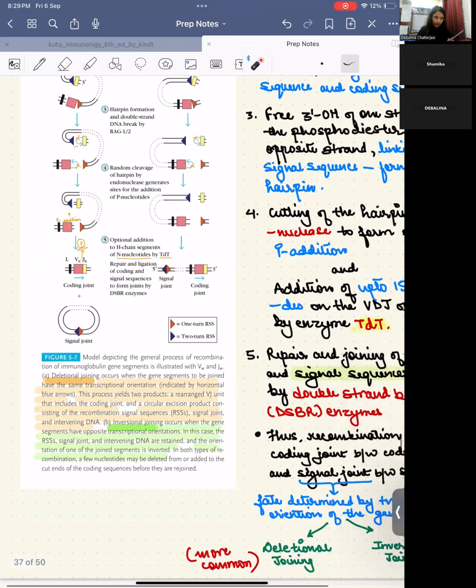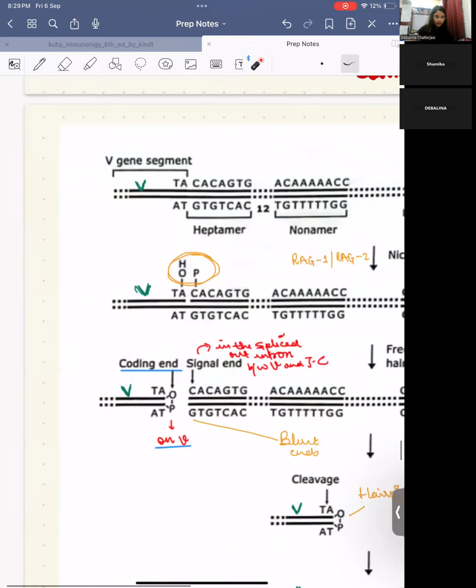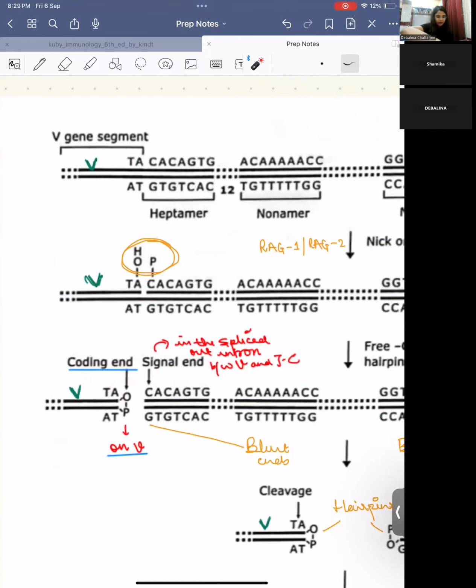See here, this is the strand that we brought up, right? And we say that these two green things, maybe this is the V and the J segments, right? So if I have to cut here, maybe this is the cut that I am talking about, right?